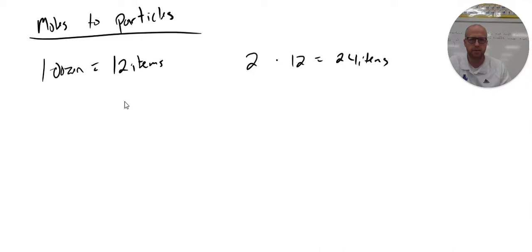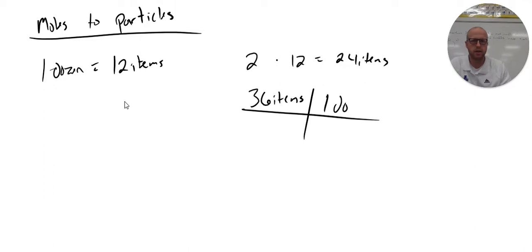Or if you had 36 items and want to know how many dozens that is, well, you know in every 1 dozen there are 12 items. So the things cancel out, and you have 36 divided by 12, or 3 dozen.